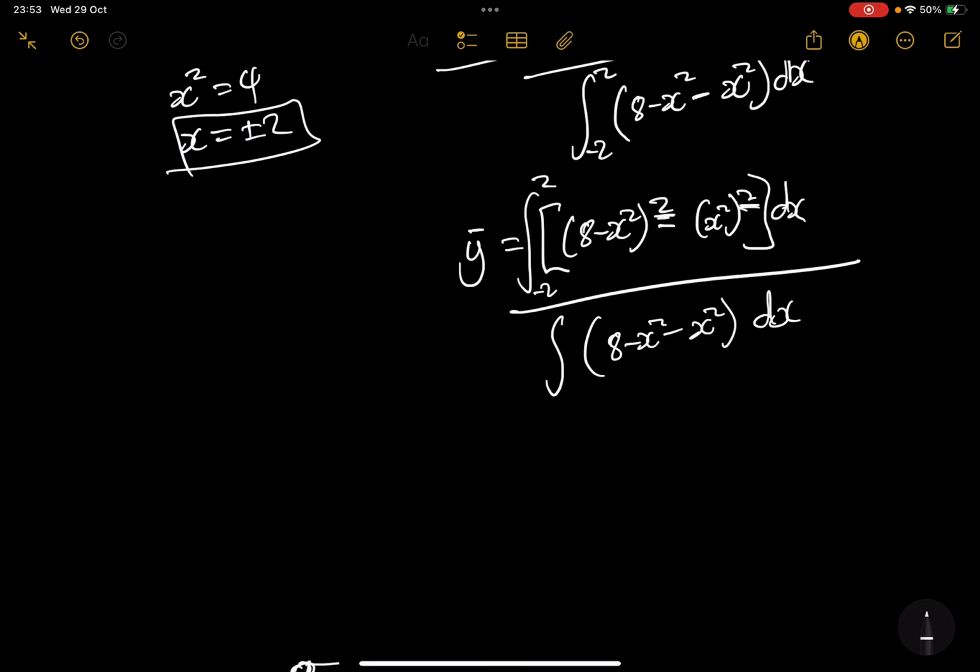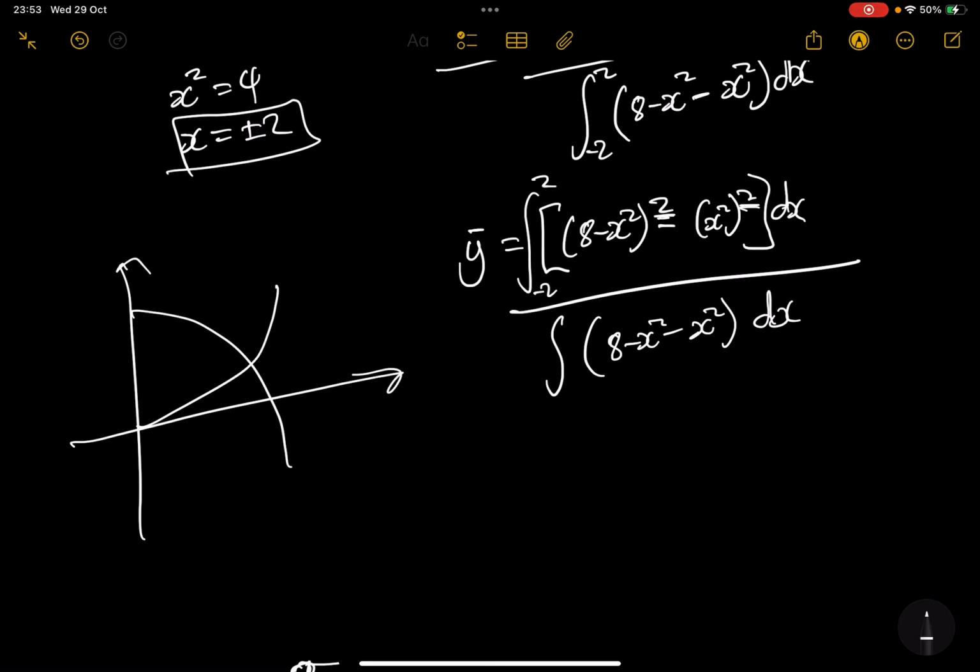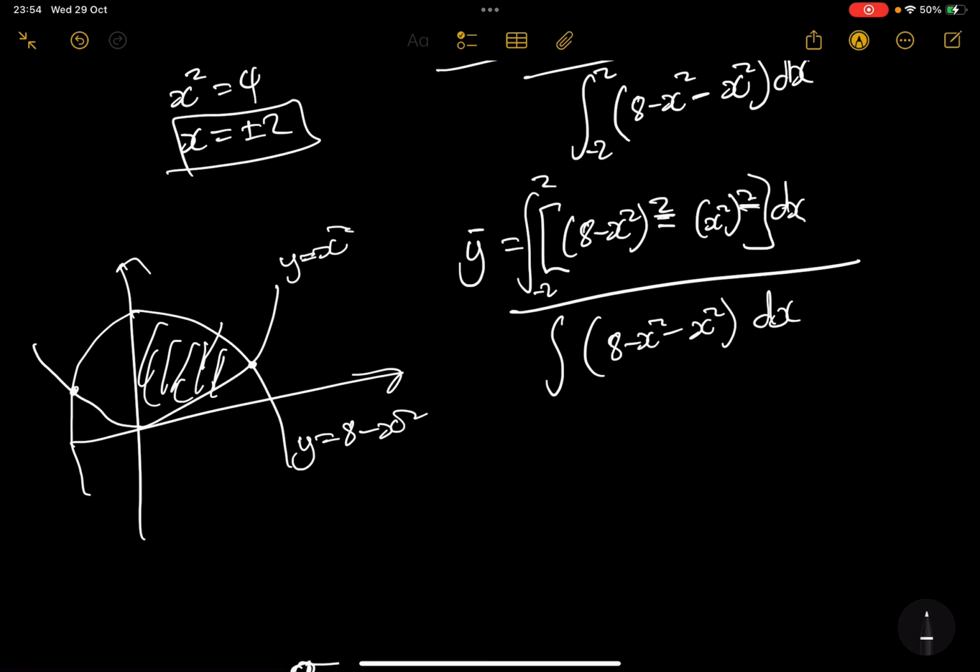And also when you have the sketch, it's easier for you to see which graph is on top, because this one is y is equal to x squared, this one is y is equal to 8 minus x squared. If you're looking at this region, we found this point, right? And this graph continues to this side, which means they also intersect here.